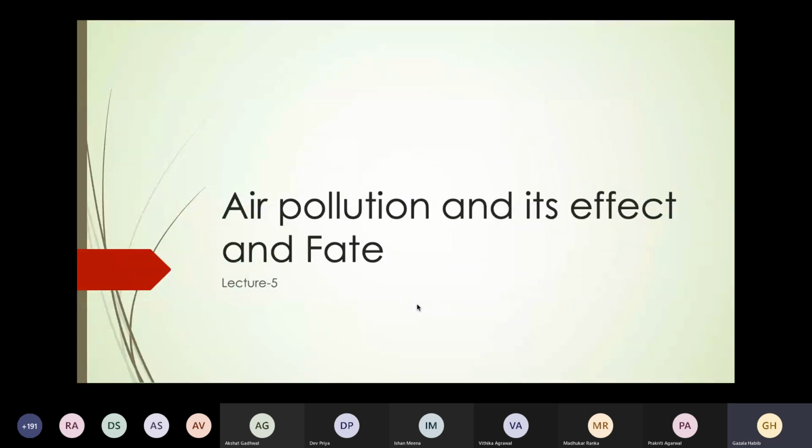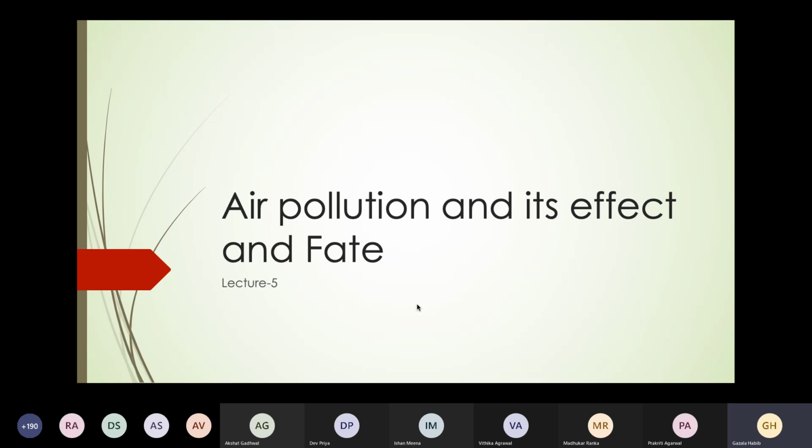So until this point, we have learned that the primary emissions of various pollutants are responsible for pollution over various parts of the world, but at the same time secondary formation is also equally important.